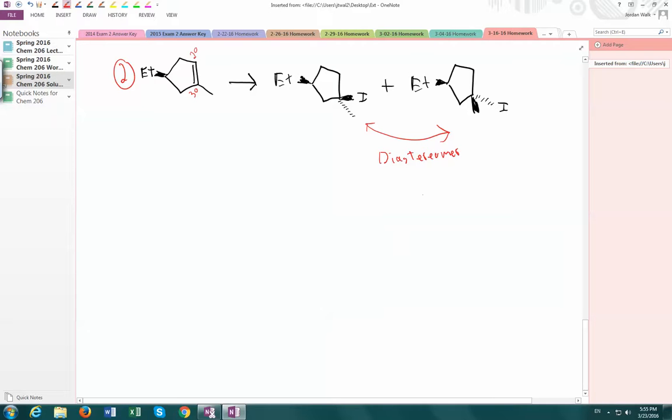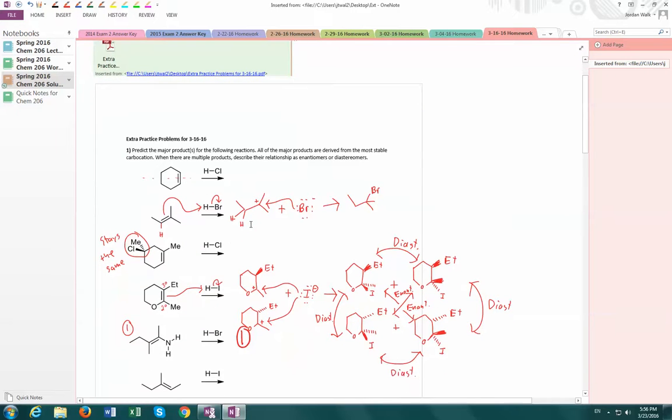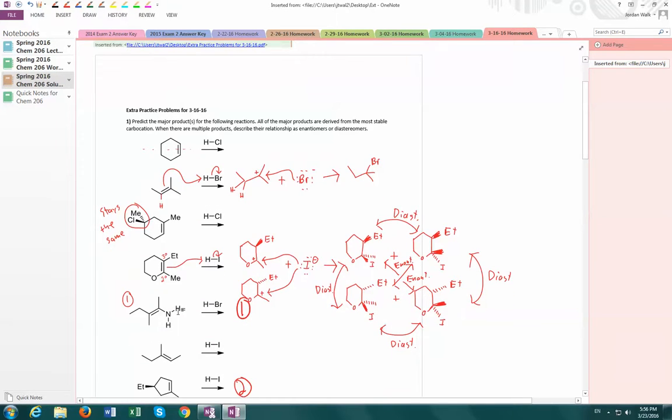5:55. Let's make it quick. Okay. Just a quick question. If you scroll back up to number 1, looking at the fifth one with the nitrogen, would the lone pair on the nitrogen help out with the carbocation? Absolutely.